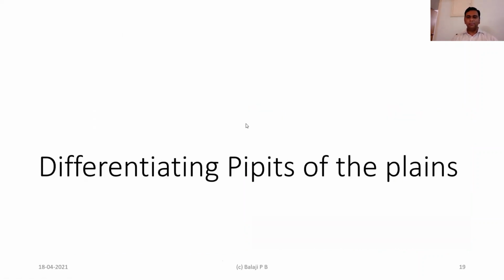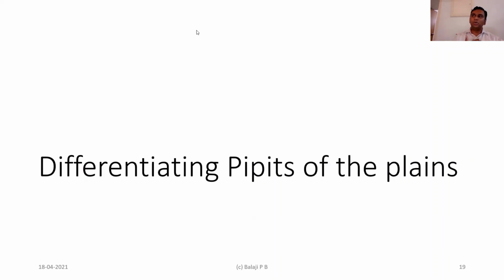Let's go ahead. So now coming to differentiating the pipits of the plains. I think the most common species right now that we see is the paddy field pipit. And now it is summer, the month of May or June, just before the onset of the monsoons, when most of the resident birds are breeding.